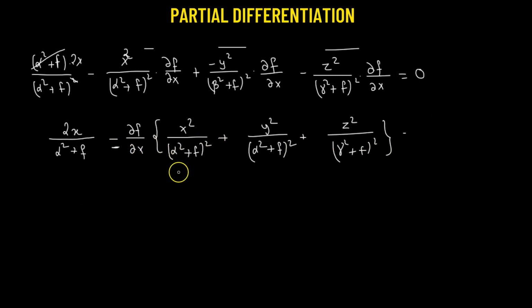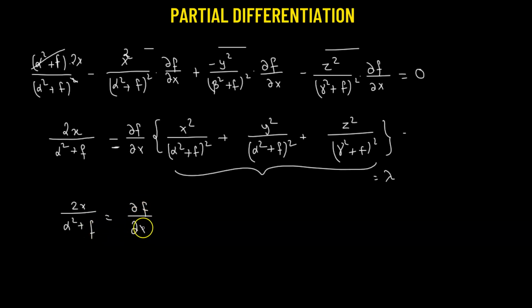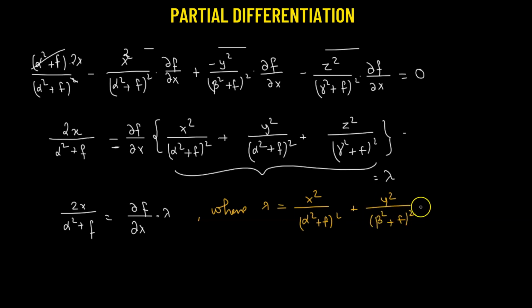Now what we'll do, we will let this entire expression within the parentheses be equal to lambda, such that we have 2x divided by alpha squared plus f equals partial of f with respect to x multiplied by lambda, where we have considered lambda to be equal to x squared divided by alpha squared plus f squared plus y squared divided by beta squared plus f squared plus z squared divided by gamma squared plus f squared.